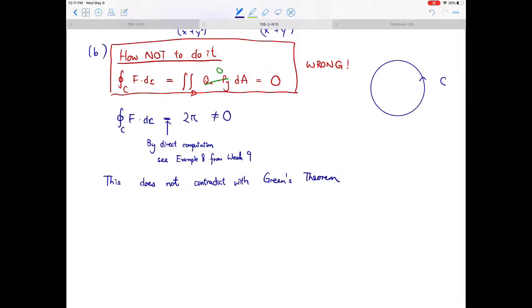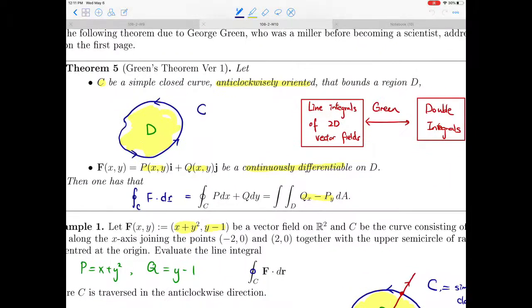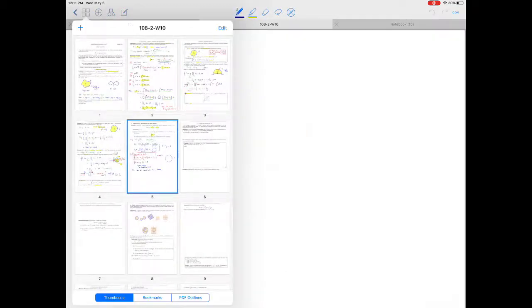But why? Because if you look at the hypothesis of Green's theorem, what do we require? We require the vector field to be continuously differentiable on D. So P and Q, the component functions, need to be continuously differentiable.